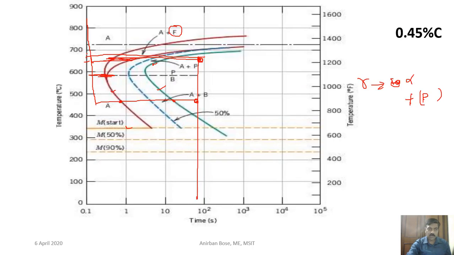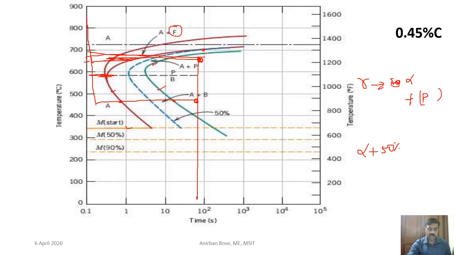Okay, quench to 720 means almost here. Then hold for 100 seconds. That means you are at around 50% conversion of the austenite. Okay, not completely converted into pearlite. So it is alpha ferrite plus 50% pearlite.